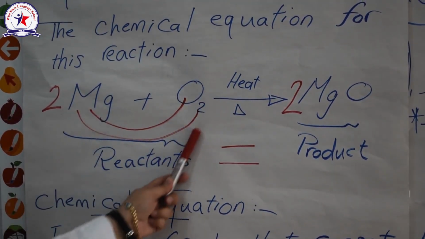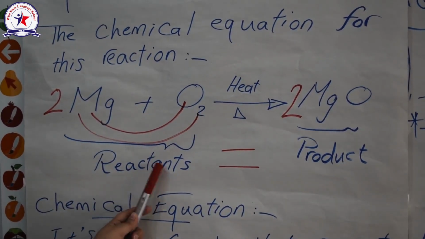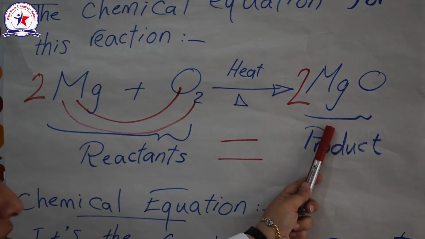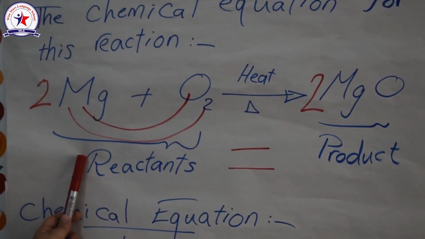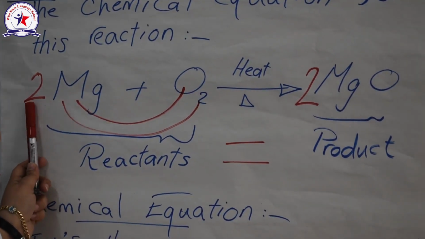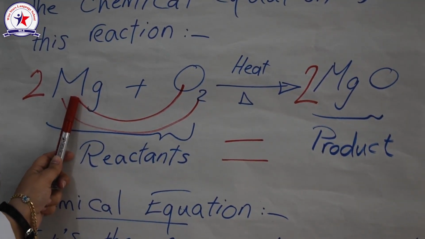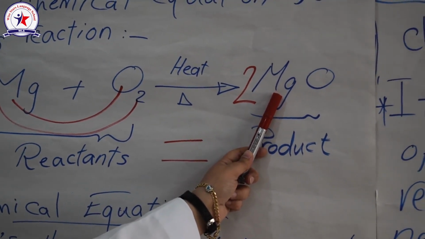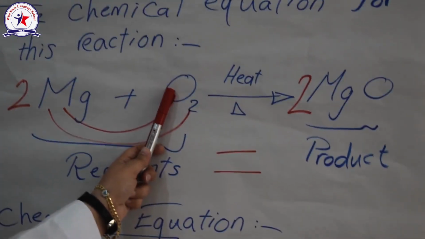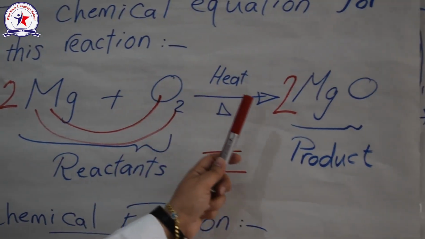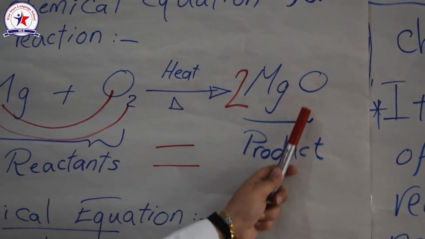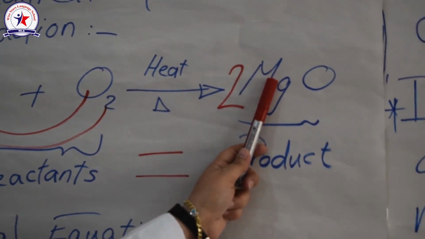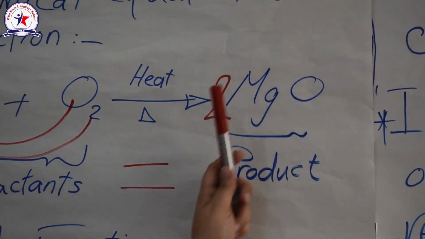The number of atoms of reactants must be equal to the number of atoms in the product. So let's start to count again. Magnesium, 2 atoms of magnesium enter. 2 atoms of magnesium are produced. 2 atoms of oxygen enter, and also 2 atoms of oxygen are produced, because 2 means 2 for magnesium and also 2 for oxygen.